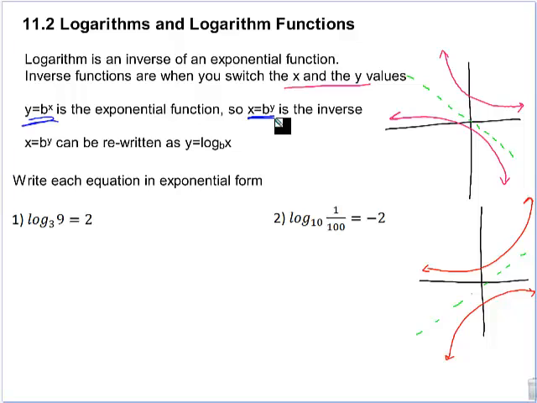So we need a way to write this inverse function in terms of y. And that's where the logarithm is going to help us out. x equals b to the y can be rewritten as y equals log base b of x. So those two are equivalent to one another.